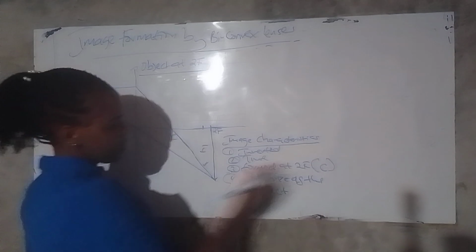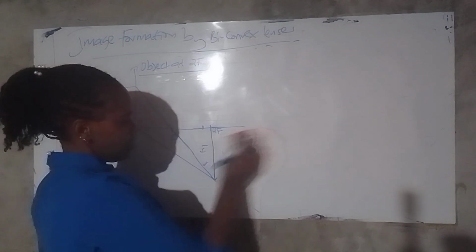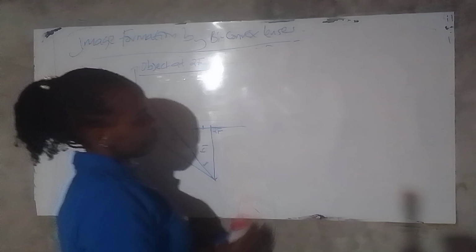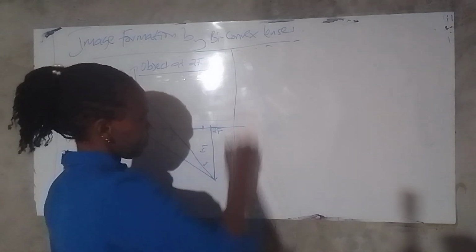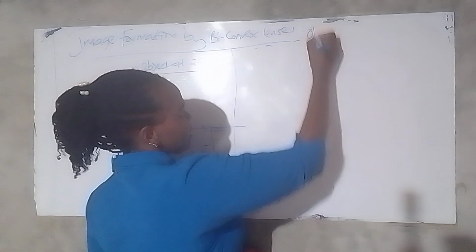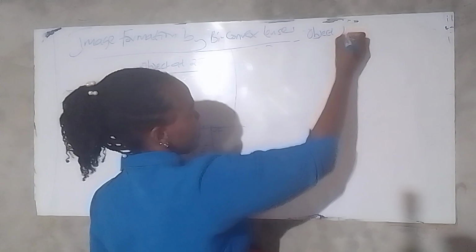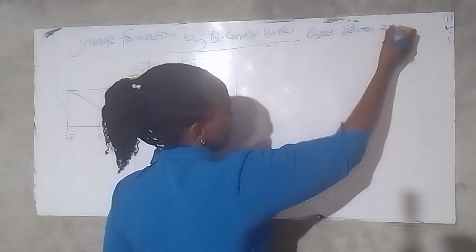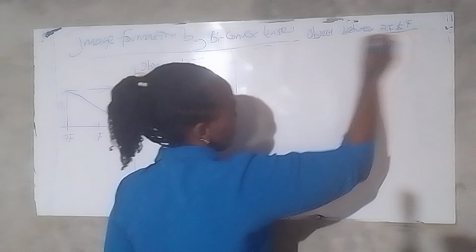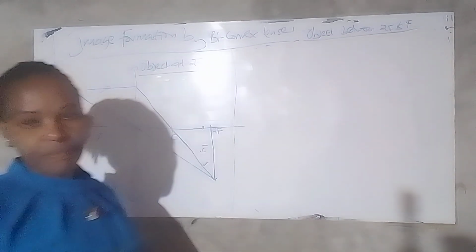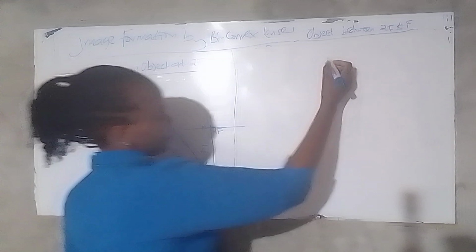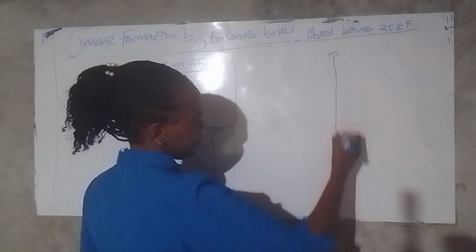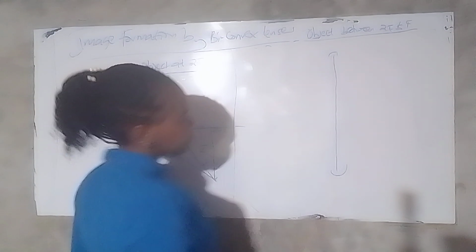Now I'm going to delete these ones so that I get space to draw the other image. So object between 2F and F. Object between 2F and F. Okay.